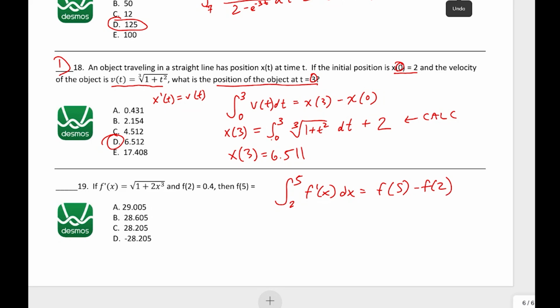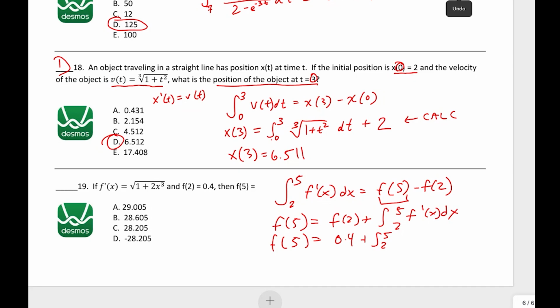So we've got what we're looking for, which is f of 5. So f of 5 is equal to f of 2 plus the integral from 2 to 5 of f prime of x dx. What I'm actually going to type in the calculator here is f of 2, which is 0.4, plus the integral from 2 to 5 of the square root of 1 plus 2x cubed dx.